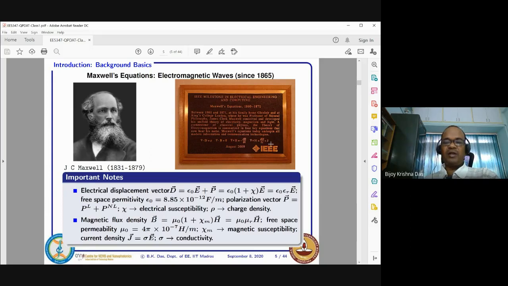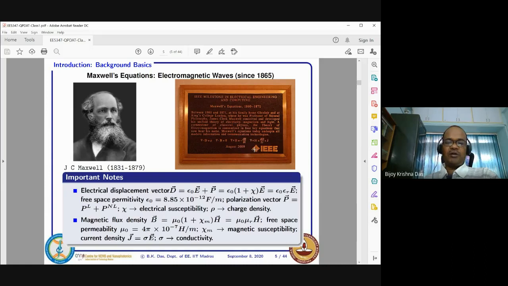J is nothing but the conduction current density. And Maxwell added this part, del D by del t, where D is the displacement vector. The rate of change of the displacement vector is called the displacement current. He introduced this to understand light as an electromagnetic wave.